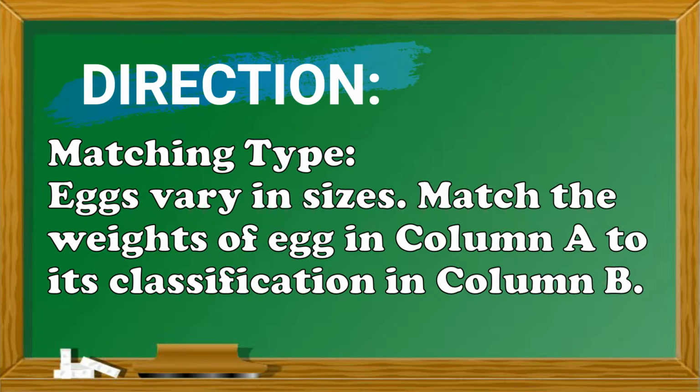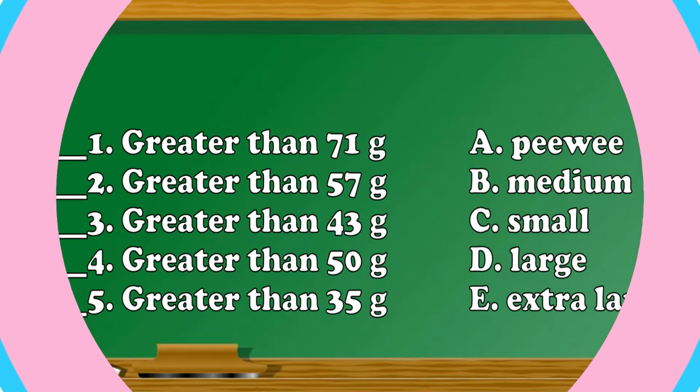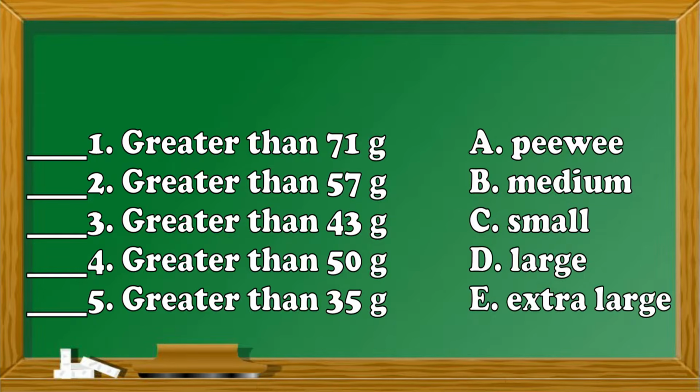Direction. Eggs vary in sizes. Match the weights of egg in column A to its classification in column B. Number 1. What is the size of the egg if it is greater than 71 grams?